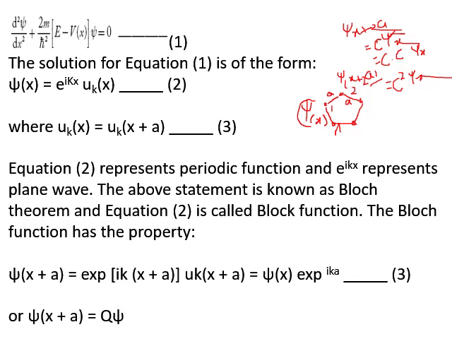So what is the value of psi at n? The value is psi(x + na). Now the particle moves from the nth position back to the x position.